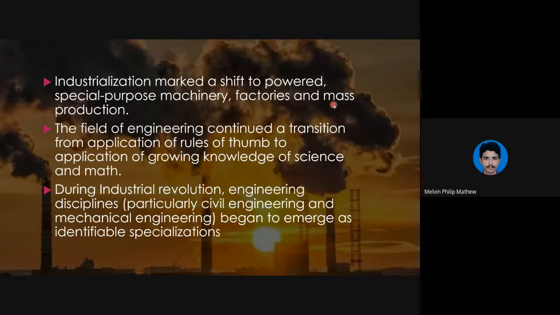These were all done under industrialization. So it shifted the old situations to powered machinery. Machines were used. Then factories were built to house these machineries and labor to mass produce various products. That marked the change of industrialization.